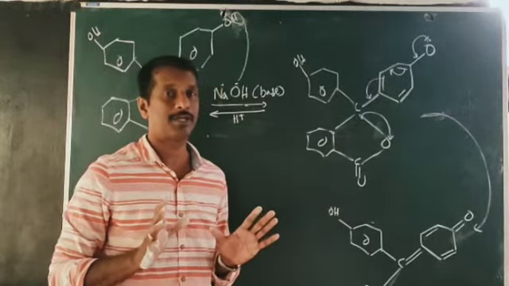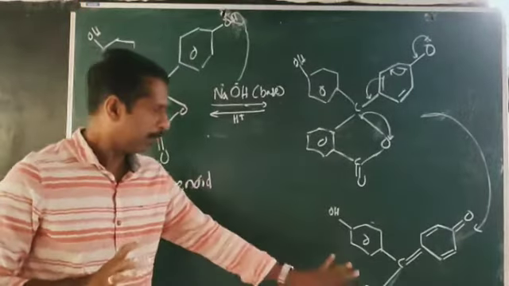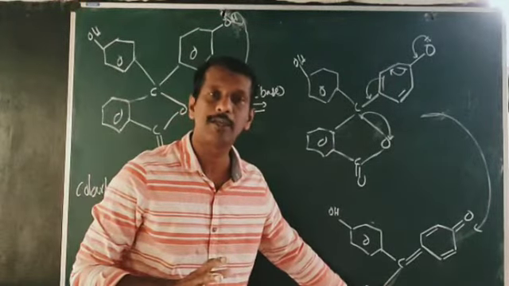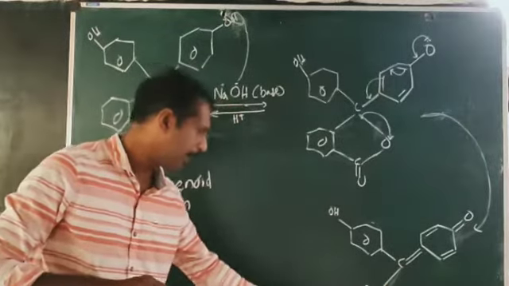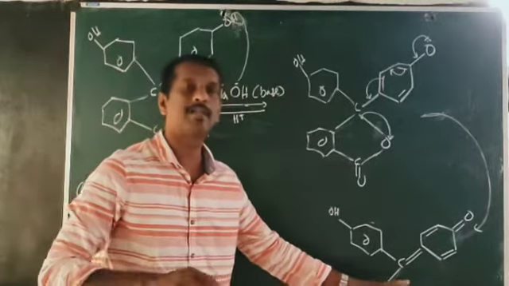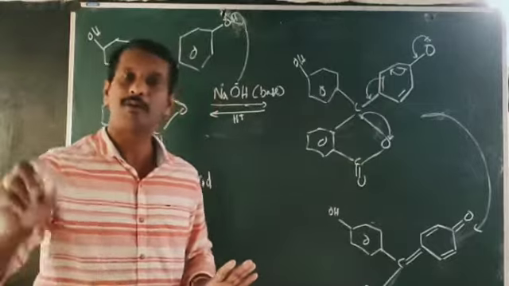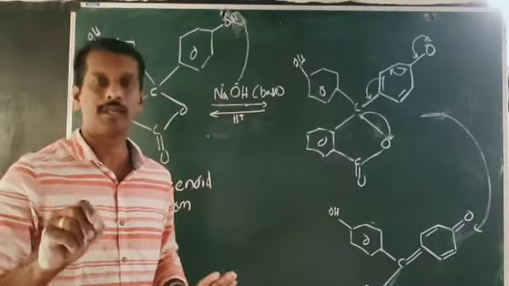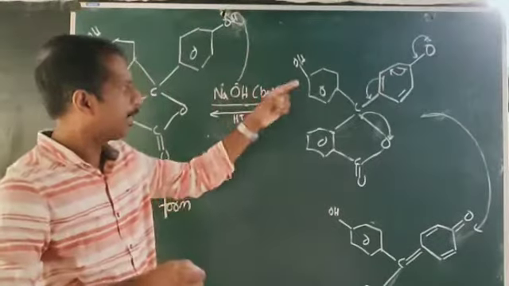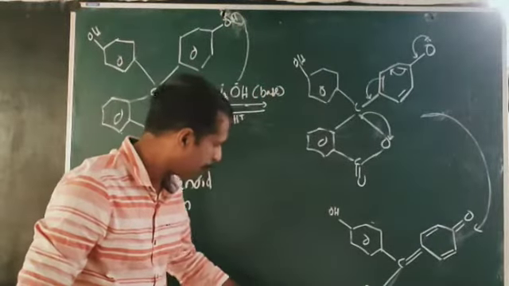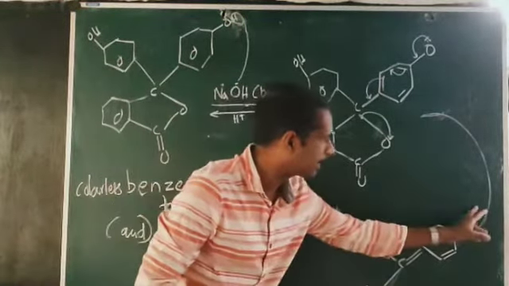Acid-base titration. Clear? So if you want, you can start from here, because in laboratory we are starting with the pink colored phenolphthalein. So pink colored phenolphthalein means what? The solution is a basic medium. Of course, we are adding phenolphthalein to a base only. So now what is happening? We are adding acid from the burette. When you are adding acid from the burette, the quinonoid form will accept H plus.